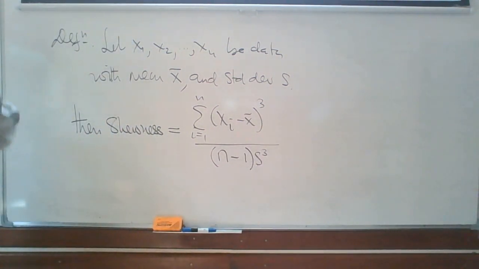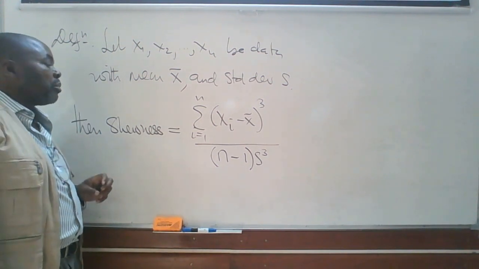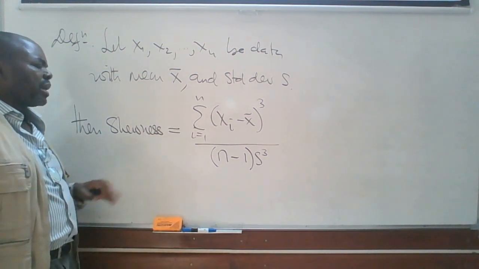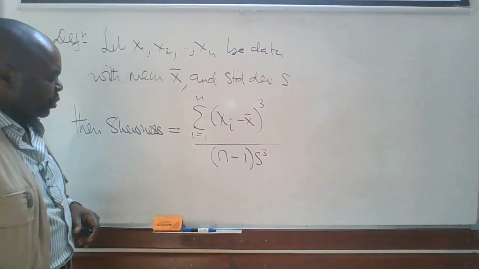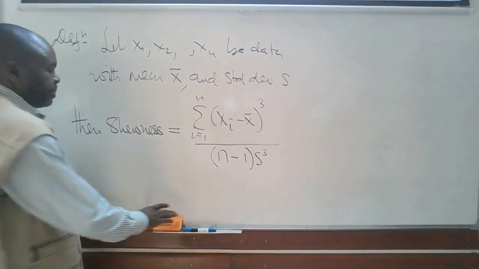So this is the measure of skewness. If this quantity is negative, then your data are negatively skewed. If it is positive, then your data are positively skewed. If it's 0, we should have a symmetric distribution.